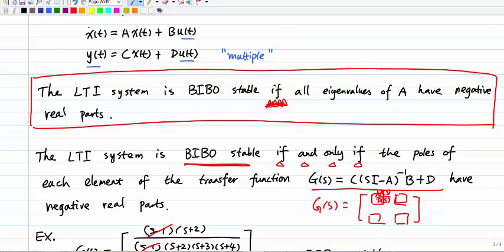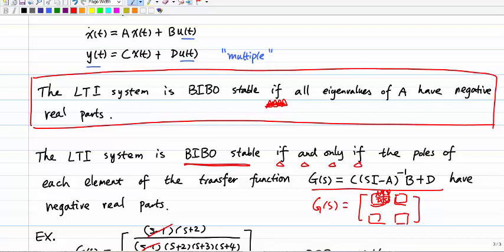You have to check every component or every element of this: the poles of each component must have negative real parts. So that's the condition for BIBO stability for the multi-input and multi-output system.